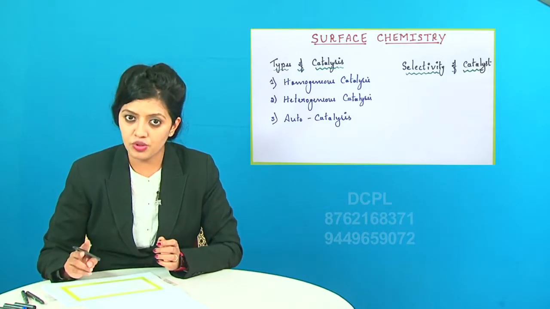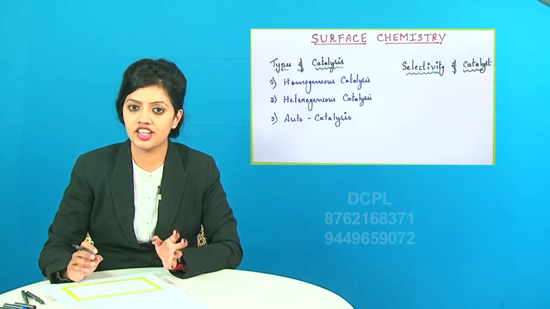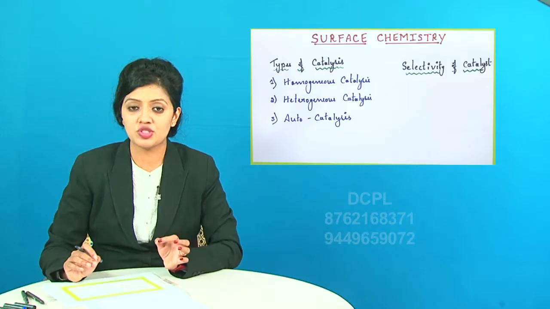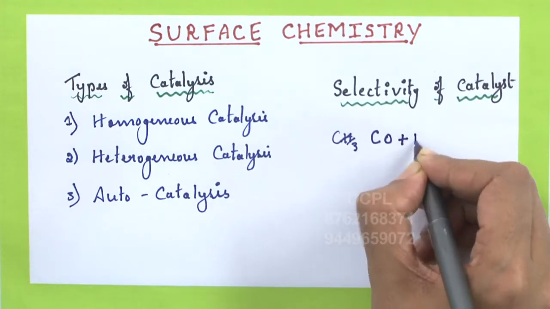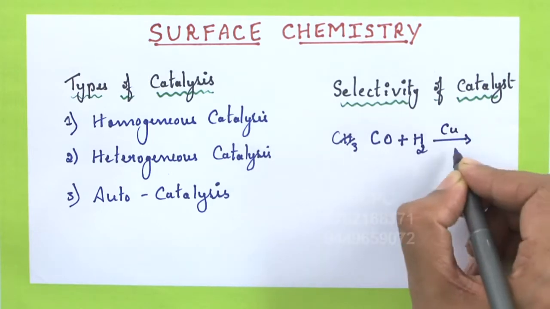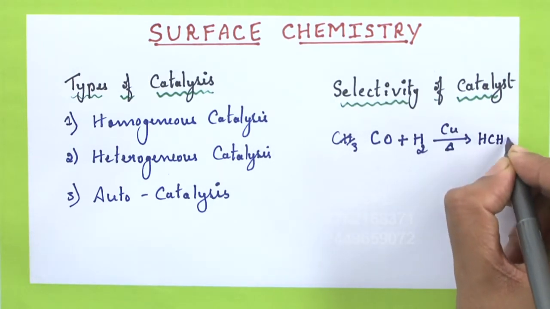Let us consider two examples and see how a catalyst can direct the reactant into two different products. I will be taking the starting substrate as the aldehyde. It is CO plus H2 in the presence of a catalyst, copper and little bit of heating yields formaldehyde.